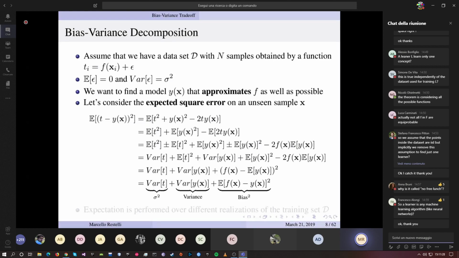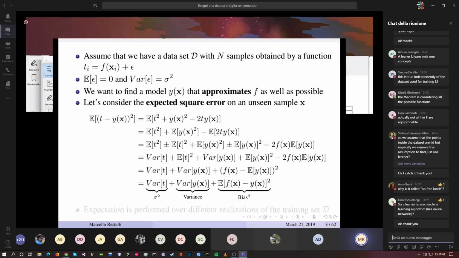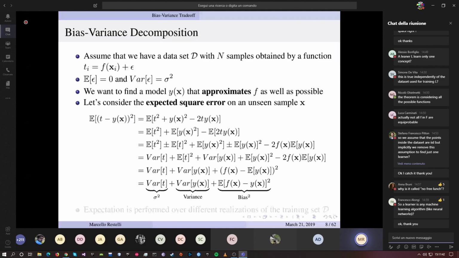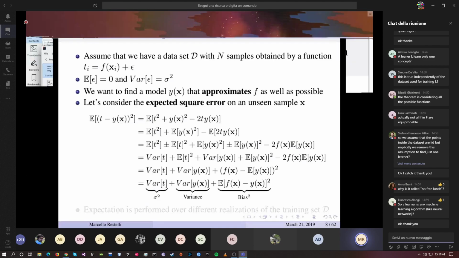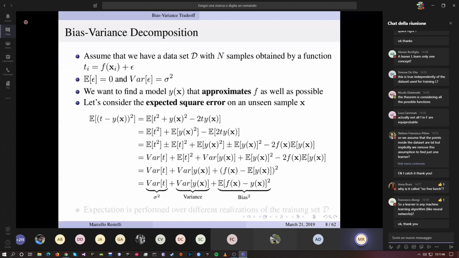So we are not interested in this error. Why are we not interested? Because whatever you do, you will never reduce this error. What you can do is to reduce the other 2 components of the error. We have the variance of y. The variance of y is how much your model changes as a function of the dataset that you use for training.